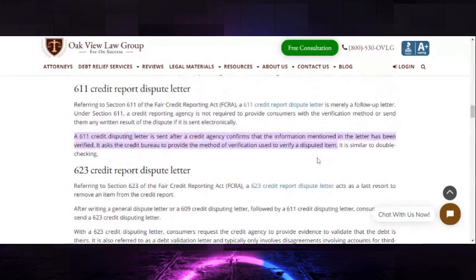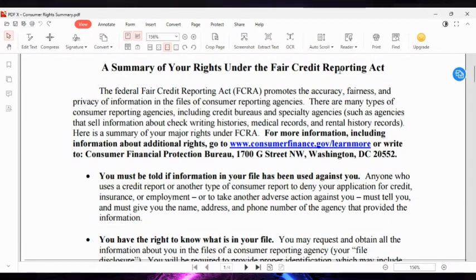Feel free to hop online. Now, 611, 609, 623, all of these are under the FCRA. When it comes to those specialized letters, the 609, the 611, the 623, they're connected, obviously, to the FCRA.